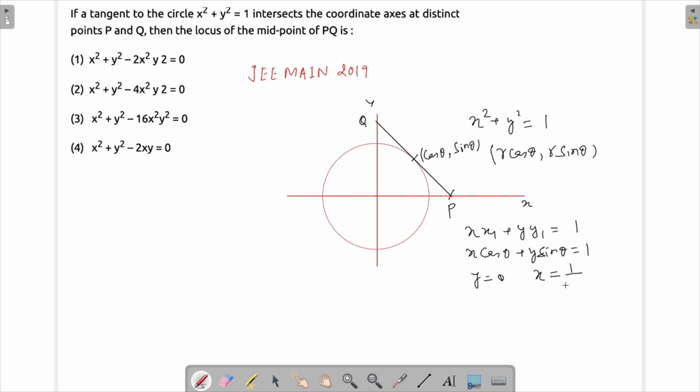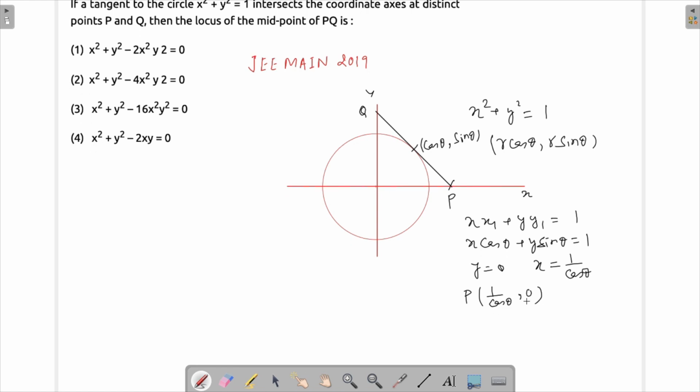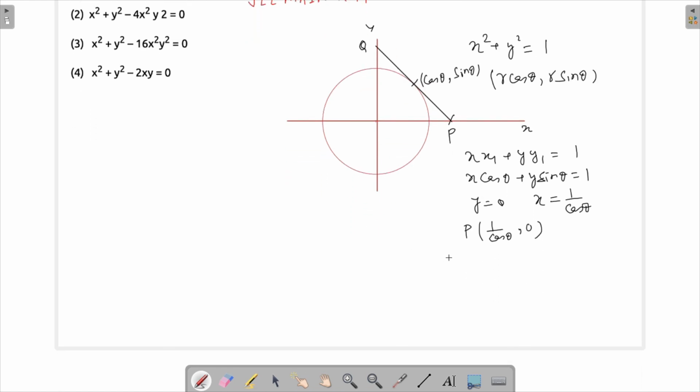So my point P comes out to be 1 by cos theta, comma 0. Similarly, to find point Q, we substitute x equals 0. When x is 0, y becomes 1 by sin theta. So point Q is 0, comma 1 by sin theta.